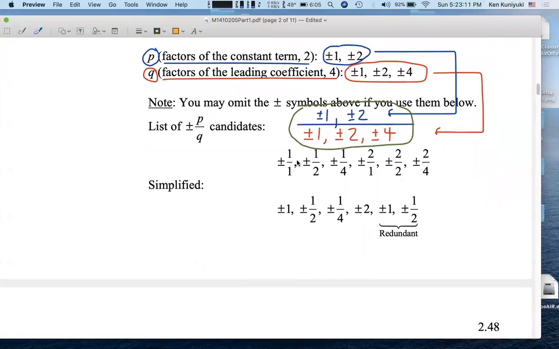Let's start with the possible candidates with plus or minus 1 on top. So we get plus or minus 1 over 1 first, then plus or minus 1 over 2, and then plus or minus 1 over 4. So these three pairs of possibilities with plus or minus 1 on the top.